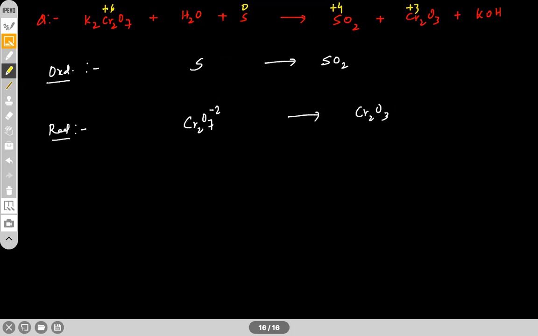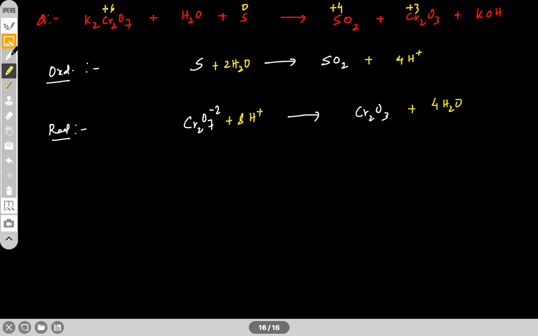To balance oxygen, we'll add H2O on this side. So 2H2O, sorry, 4H plus this side. 4H plus this side. Okay. 7 and 3. So we have 4H2O on this side and 8H plus this side.